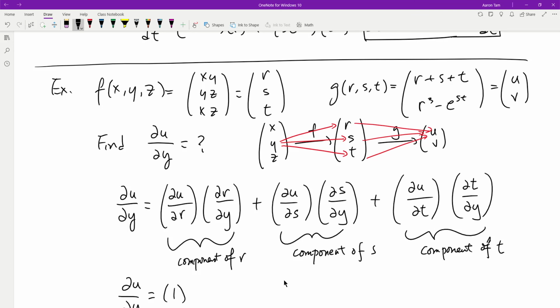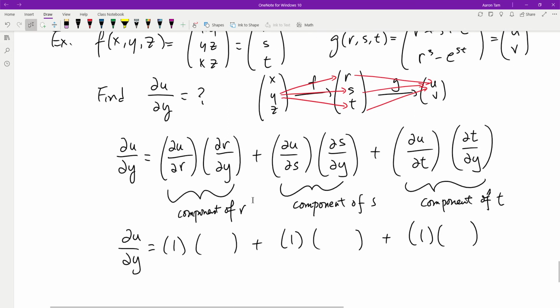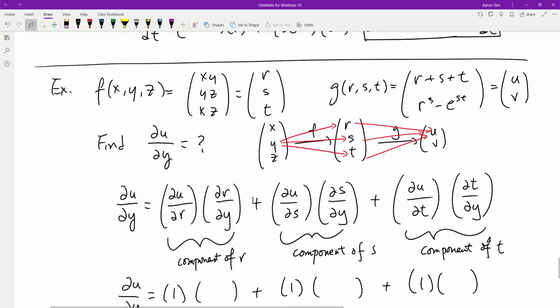As a matter of fact, du over ds is also 1, and du over dt is also 1. And dr over dy would actually be x. And ds over dy would actually be z.